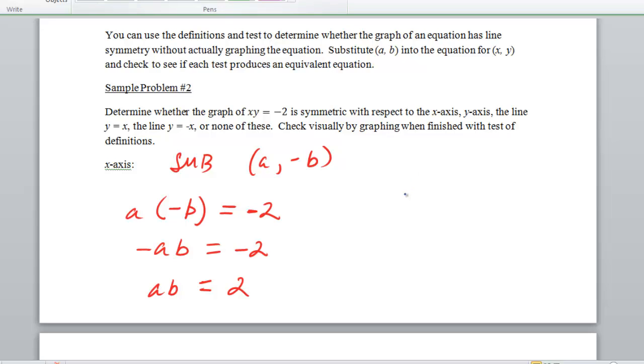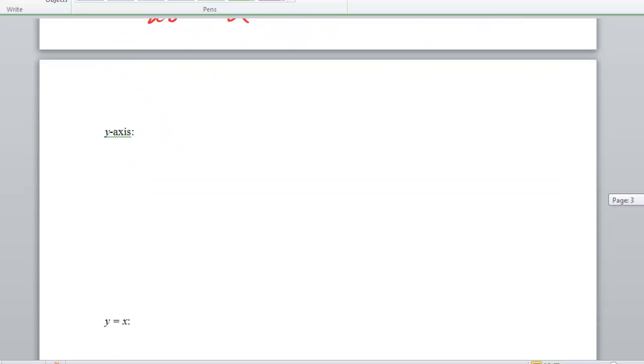So we could say that this is not equivalent to ab equals -2, which is what it would be if we substituted the values for x, y. Now, that being the case, that tells me that this graph is not symmetric over the x-axis. So we'll move on and test the next one.